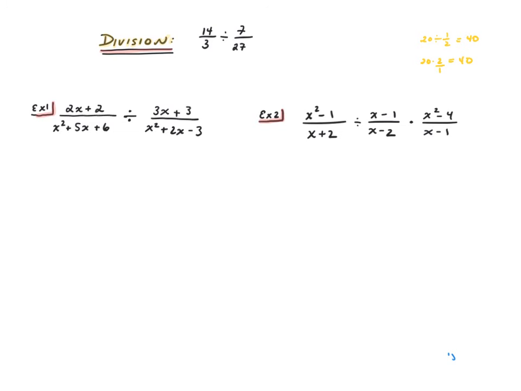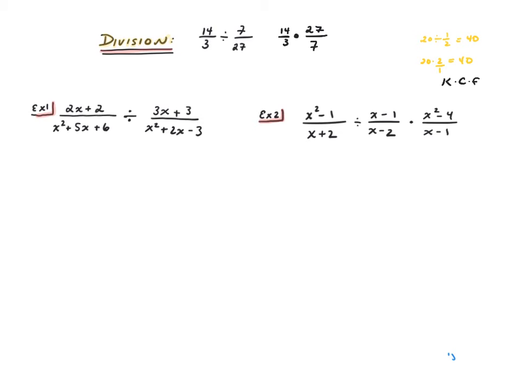So you change it to multiplication. So you're going to keep what's on the left, change to multiplication, and basically flip the fraction on the right. Keep, change, flip. Keep the left, change to multiplication, and flip, or use the reciprocal of what's on the right.